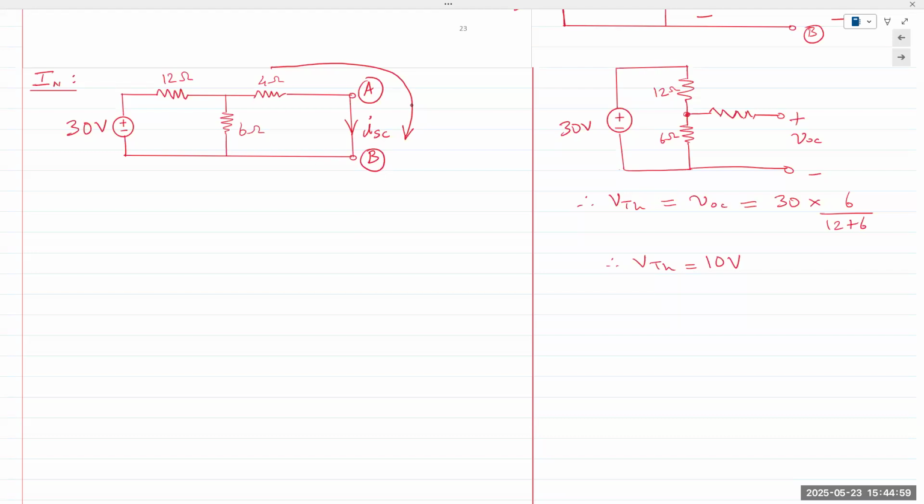Okay, so let me redraw the circuit in this manner. So plus minus 30 volts. I have this resistor here.